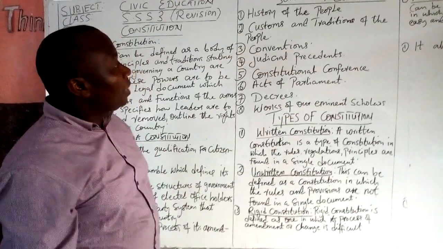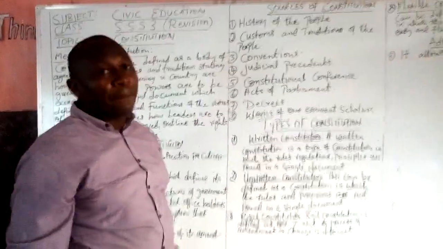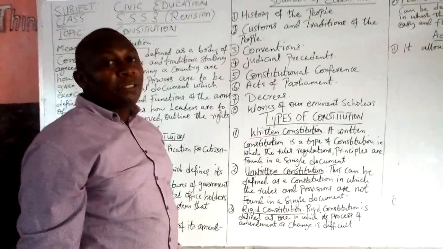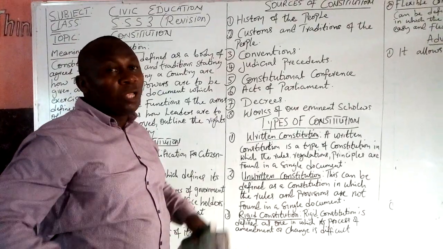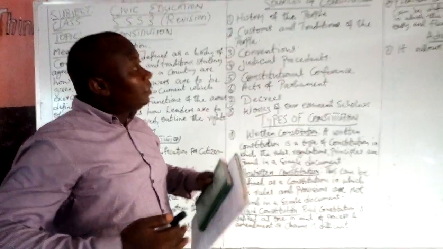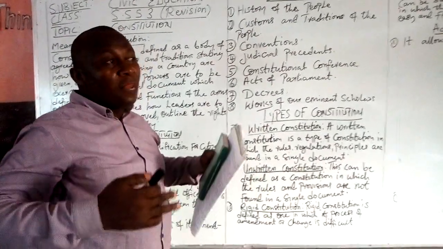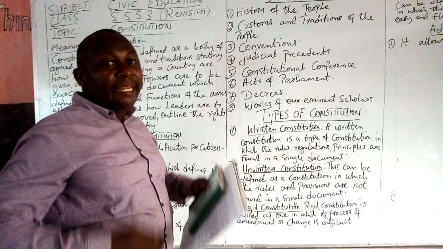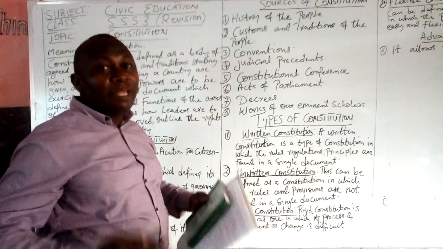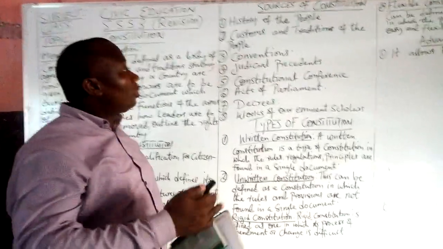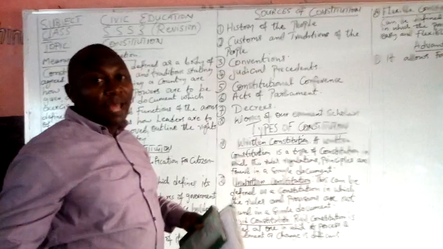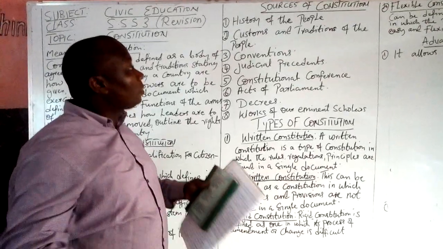Another source of constitution is customs and traditions of the people. When I mean customs and traditions, I mean those norms, the way people behave, the way people live, what they believe in. How they relate to others is the tradition and customs of people.